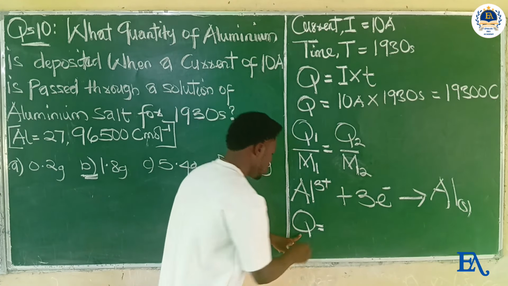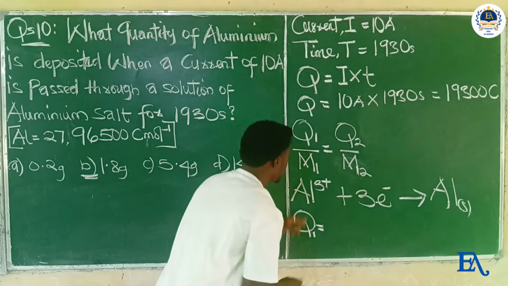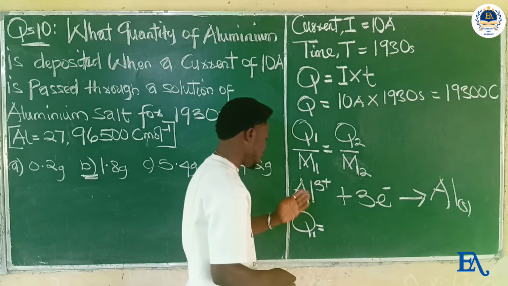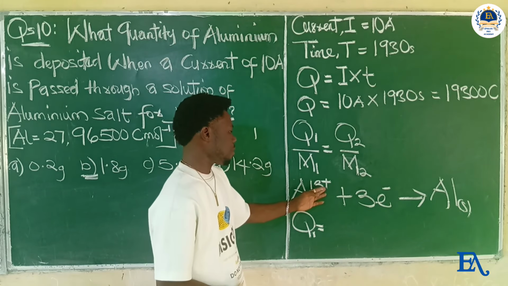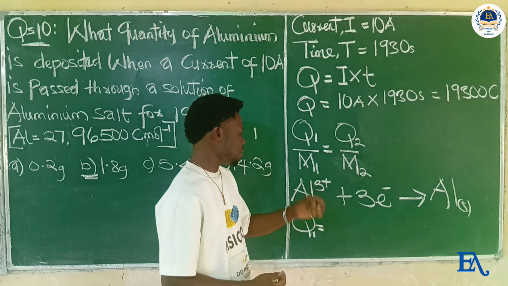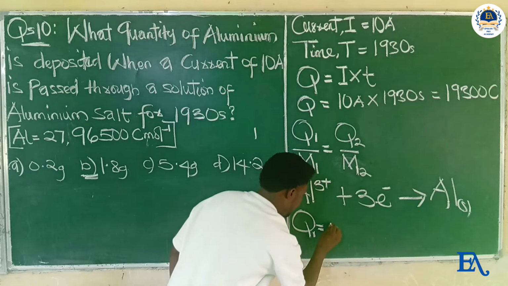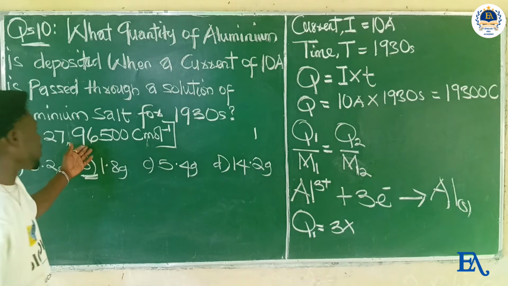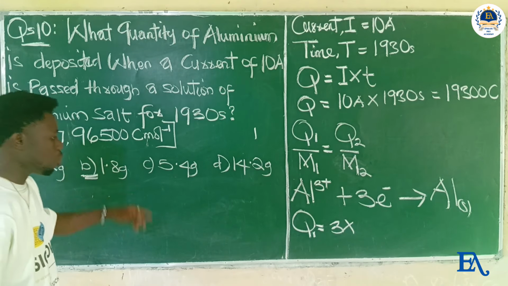So Q1 is equal to the quantity of electricity from the ionic equation, and from the ionic equation, aluminium is +3. So we have 3 times 1 Faraday. 1 Faraday is equal to 96500 coulomb per mole.